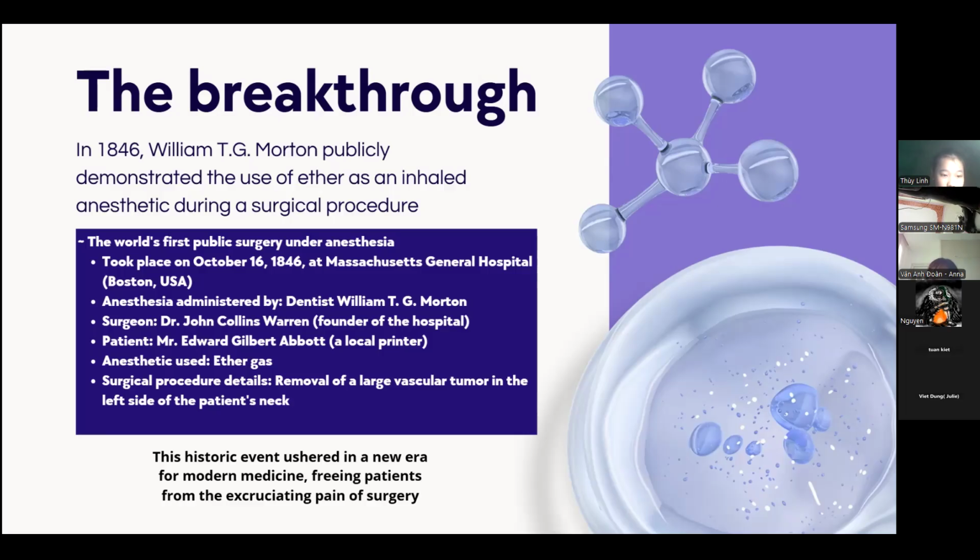The patient is Mr. Edward Gilbert Abbott, a local printer in that area, and the anesthetic used is ether gas. The surgical procedure was to remove a large vascular tumor on the left side of the patient's neck. This was the first public surgery under anesthesia. This historic event ushered in a new era for modern medicine, freeing patients from the excruciating pain of surgery.